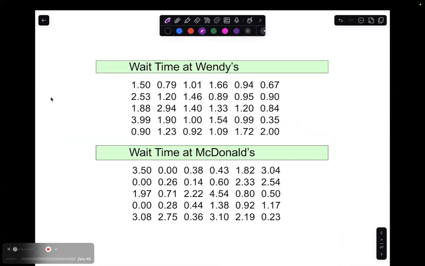We're going to take a look at the standard deviations of the wait times at both, compare them, and talk about what it means. Somebody ordered food, they got their food. I know that the fast food restaurants have timers, and the reason I think it's drive-through is because it times how long you are at the window.